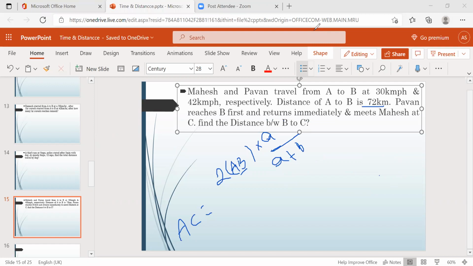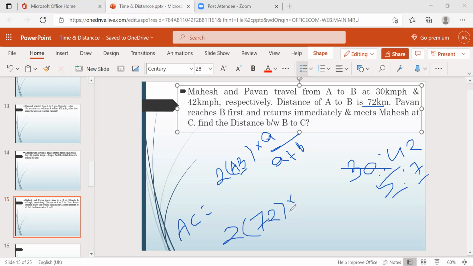Now, first take the ratio of the speeds. The speeds are 30 is to 42, right? So 6 fives are 30, 6 sevens are 42. So 5 is to 7 is the ratio. Now 2 into AB. AB is 72 kilometers, into a by a plus b, which is 5 by 5 plus 7.